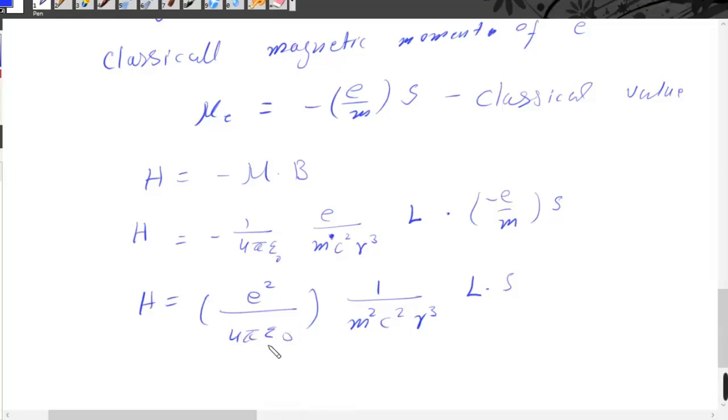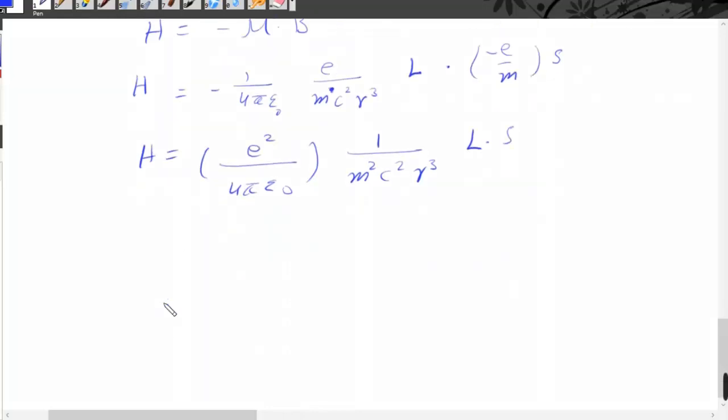Now we make a correction to this Hamiltonian, and this kinematic correction is known as the Thomas precession.